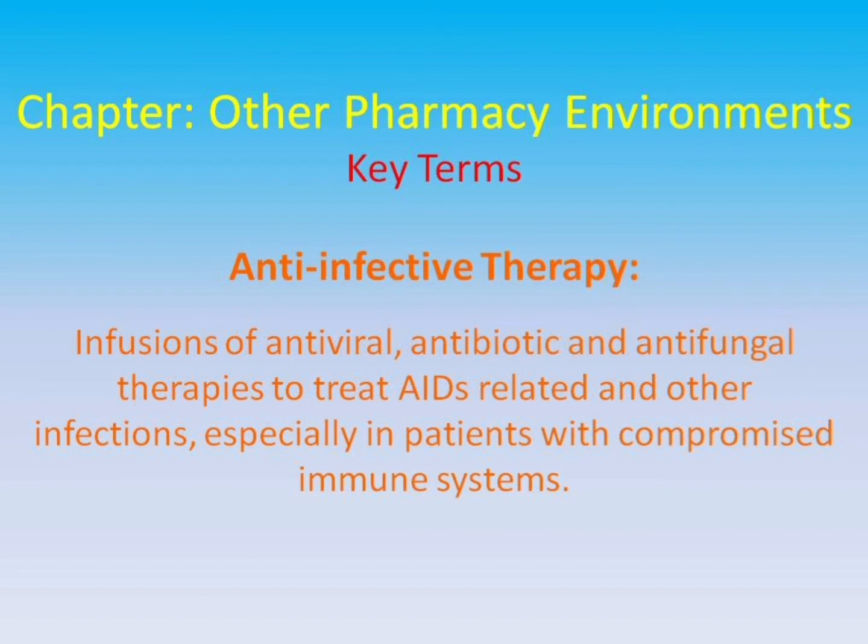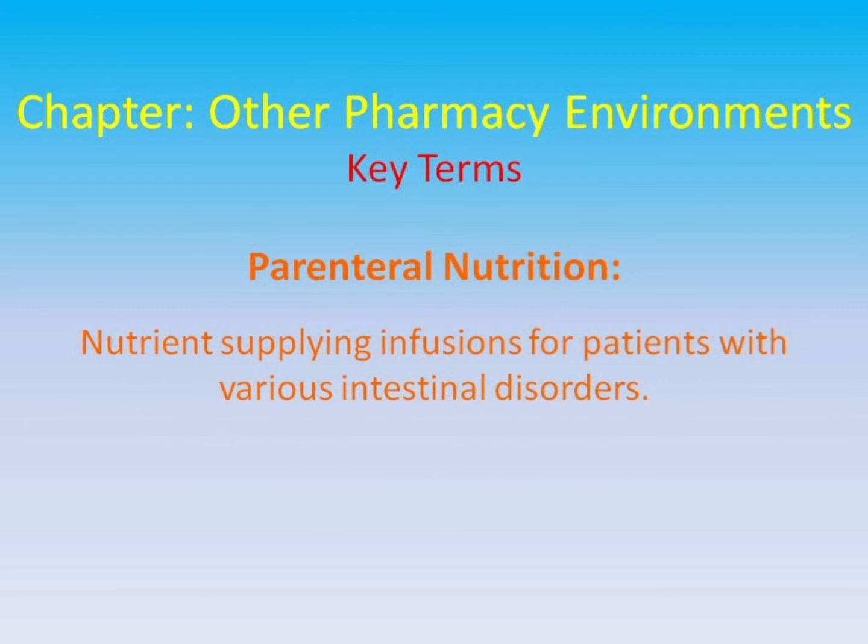Anti-infective therapy. Infusions of antiviral, antibiotic, and antifungal therapies to treat AIDS-related and other infections, especially in patients with compromised immune systems. Parenteral nutrition. Nutrient-supplying infusions for patients with various intestinal disorders.